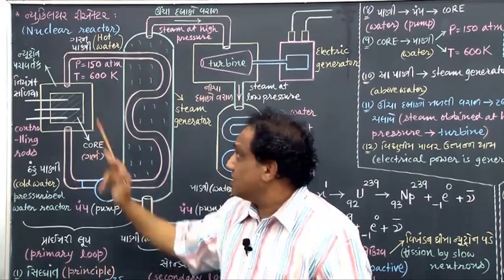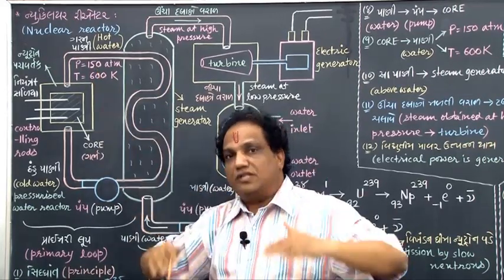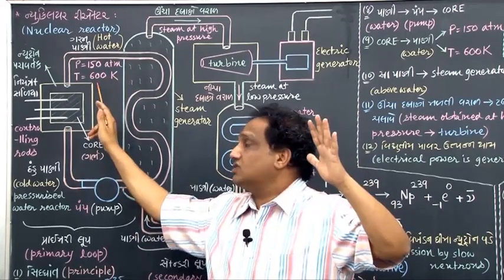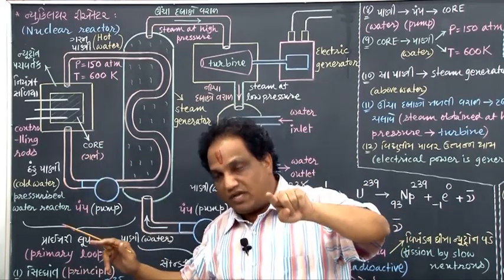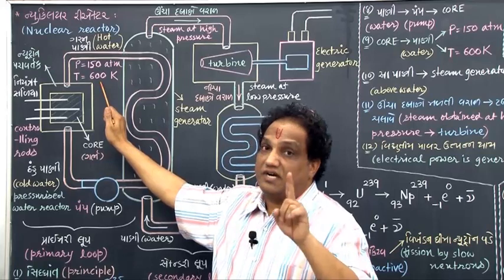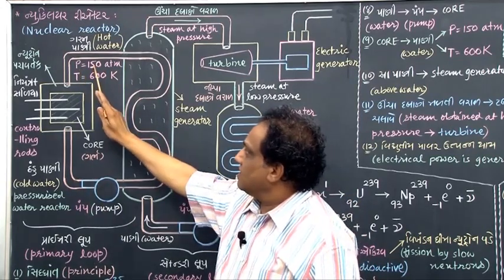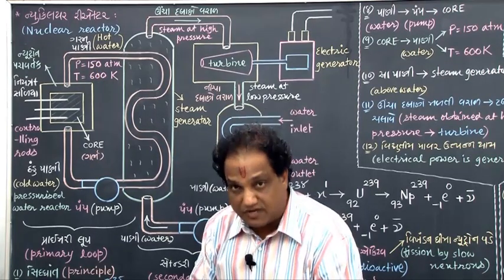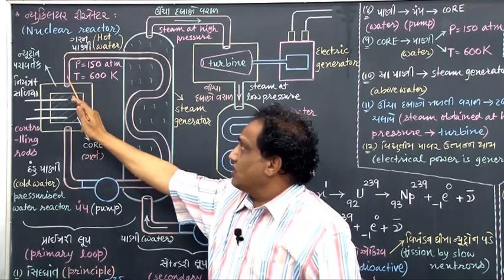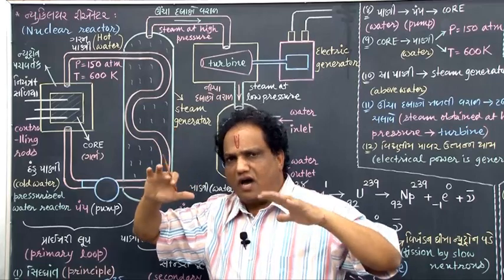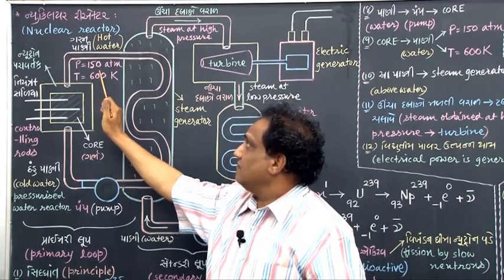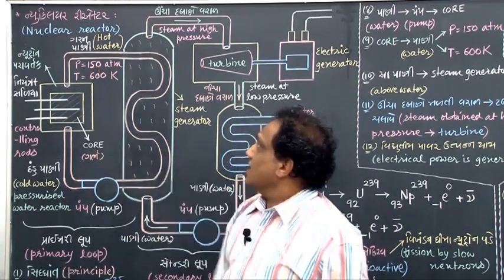The pressure is very high, and at very high pressure the boiling point of water is higher than this. So water remains water only, but its temperature is 600 Kelvin. The pressure is nearly 150 atmospheres. So we obtain water here at a very high temperature and very high pressure.